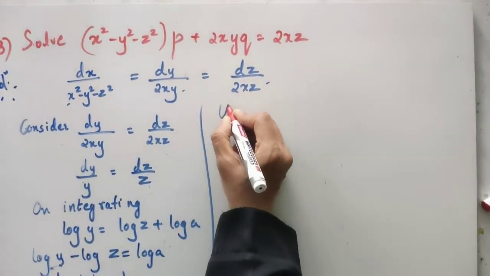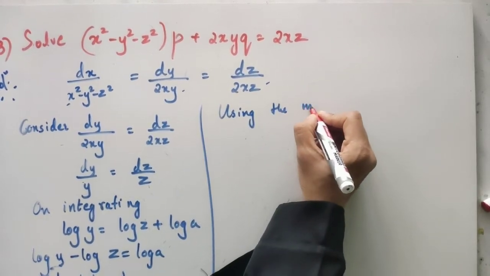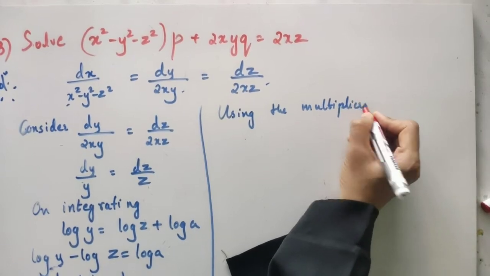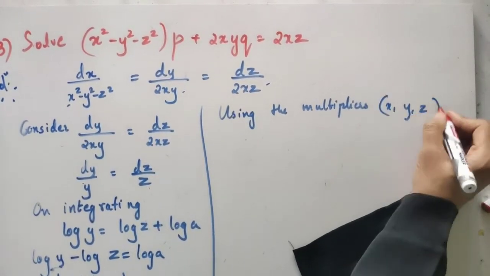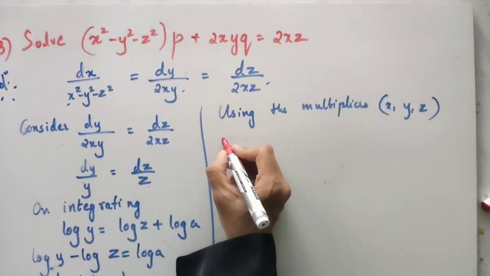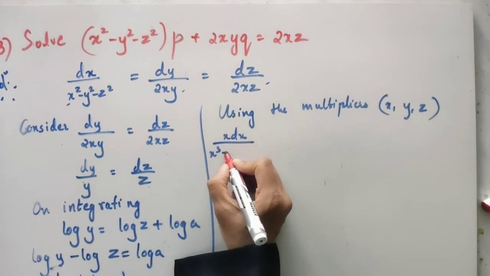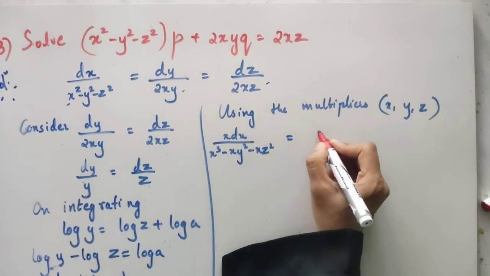So using the multipliers x, y, z: divide and multiply the first fraction by x, so you will get x dx divided by x³ − xy² − xz².